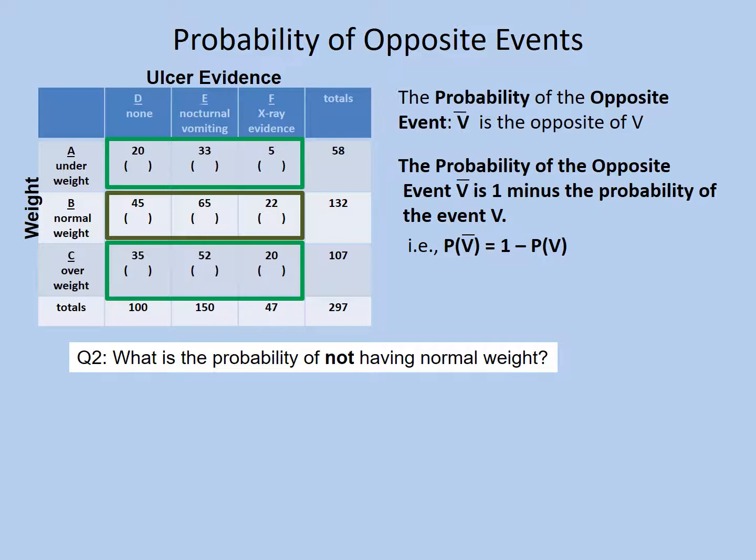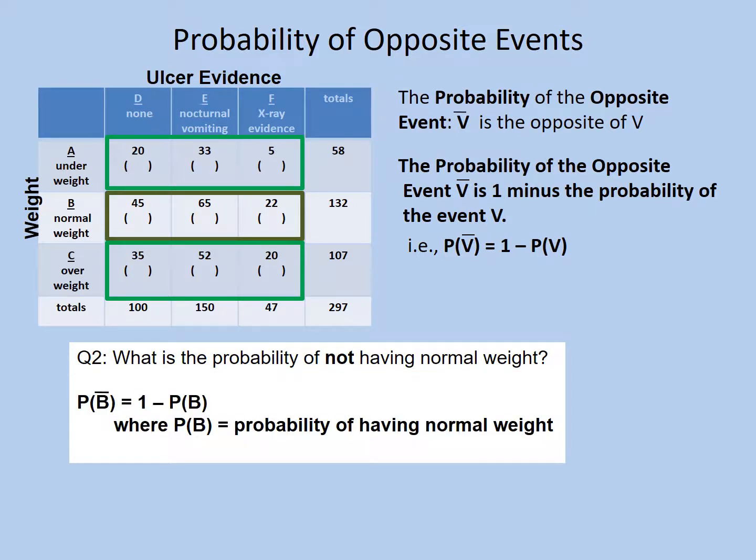What is the probability of not having normal weight? This probability is the probability of B bar, which equals 1 minus the probability of B, where B is the event of having normal weight.